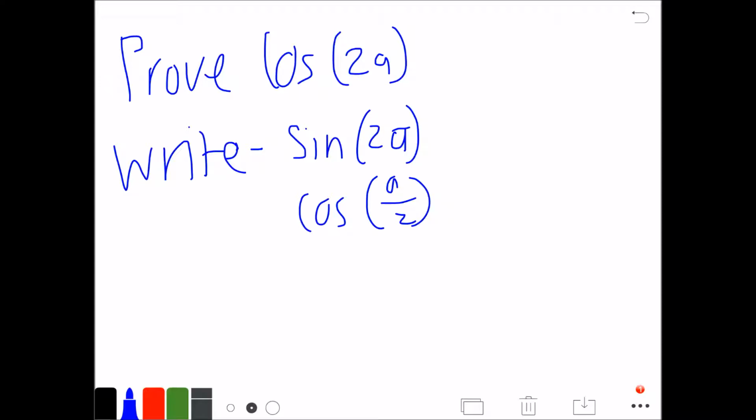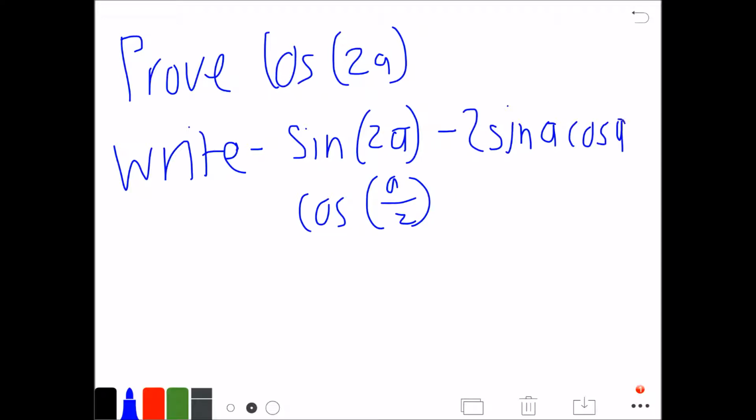The easiest thing you can do is write the sine of 2a and the cosine of a over 2. This is the formula for sine of 2a: 2 sine a cosine a. Actually, fix that a. There you go.